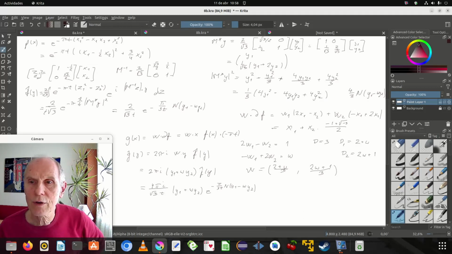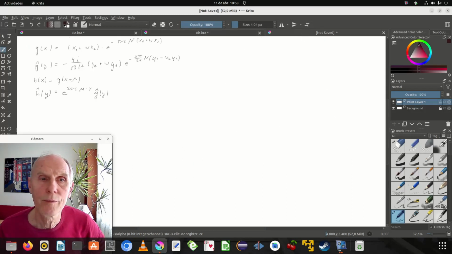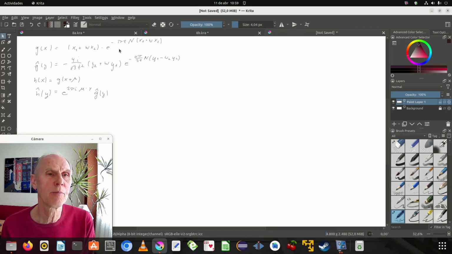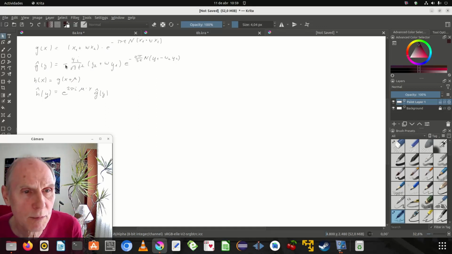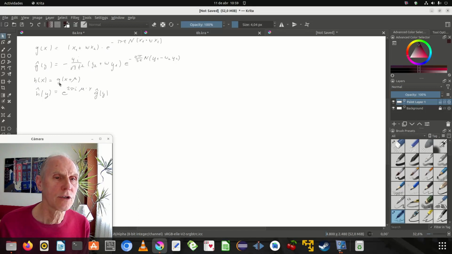And I forgot this number 4. And that means that if we take g to be this, then we must divide by pi t. So we are left with, and the minus we must add, so we are left with this. And then the translation formula gives this.